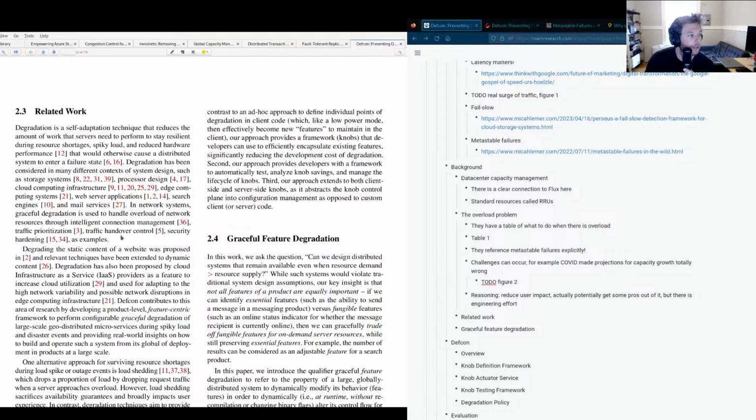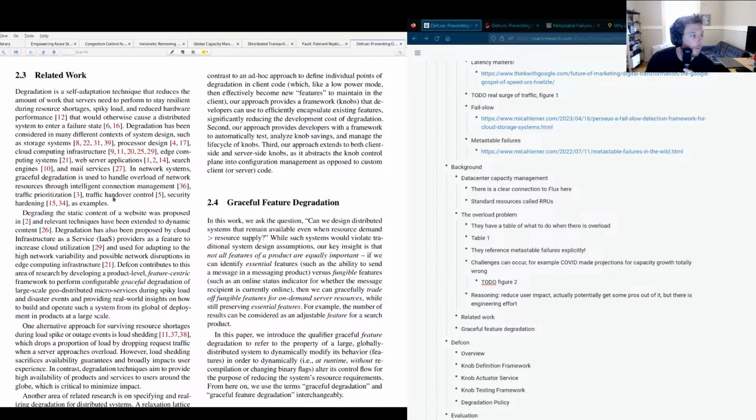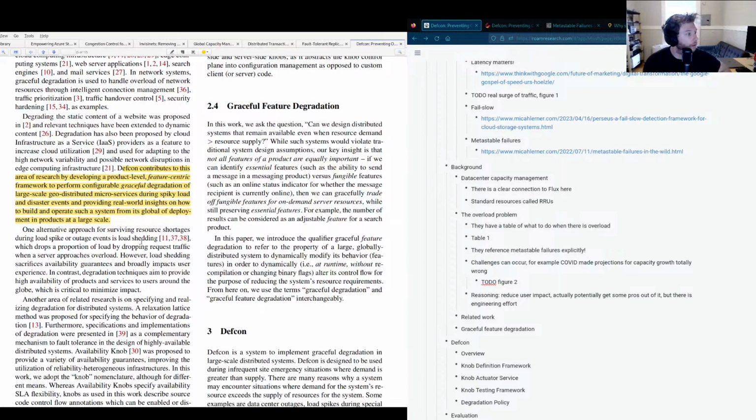So they talk about some of the related work, and how it's been done in other systems. Okay. Product level, feature-centric approach. Yeah, load shedding, they're talking about that. So you can drop a proportion of load by dropping request traffic when a server approaches overload.